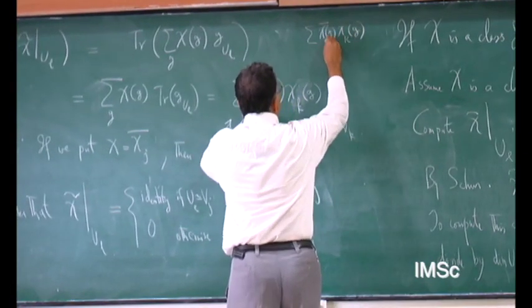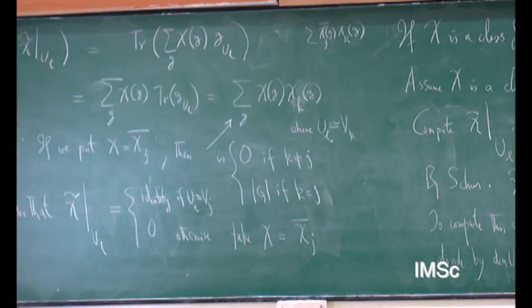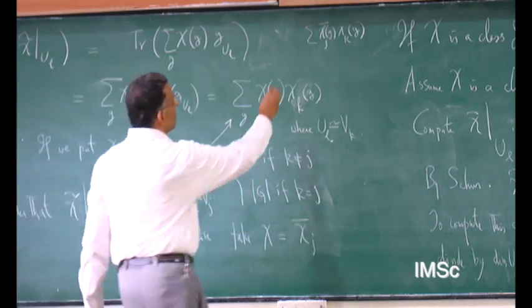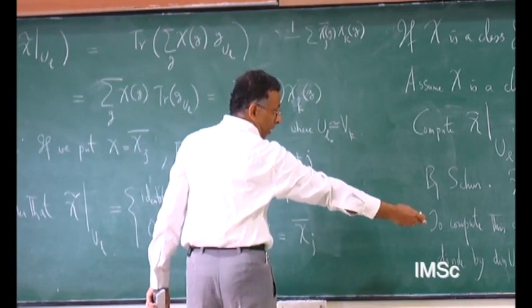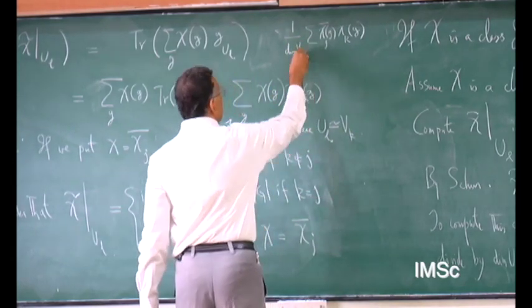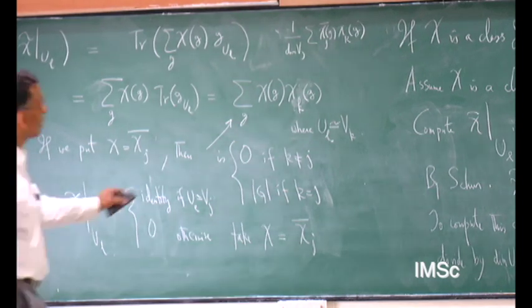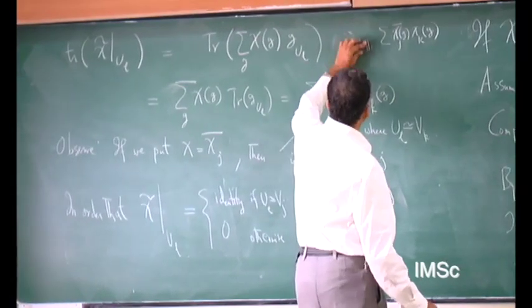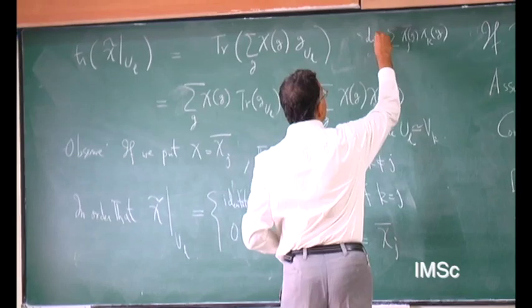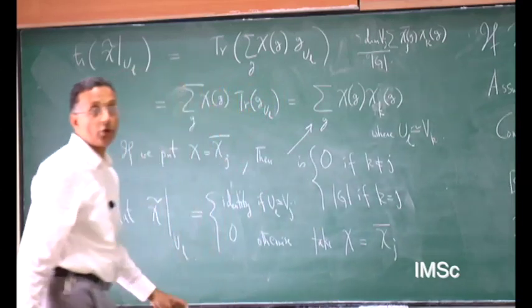So I put chi j bar now. It's clear that I should put chi j bar there. And then 1 over the dimension of UL. Not quite. If I put the dimension of Vj and divide by the order of G, I claim that will do the job.